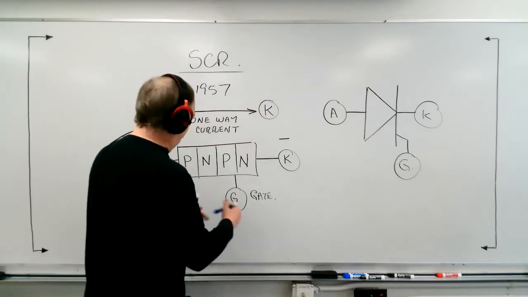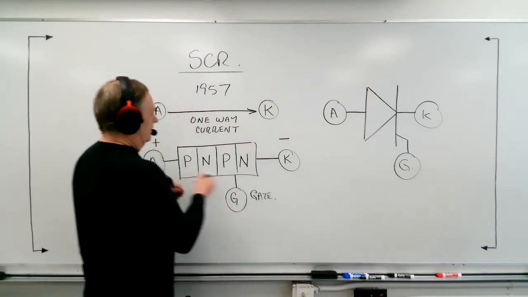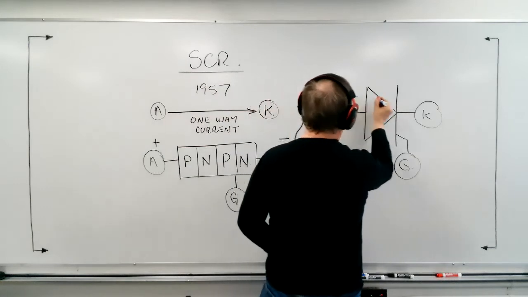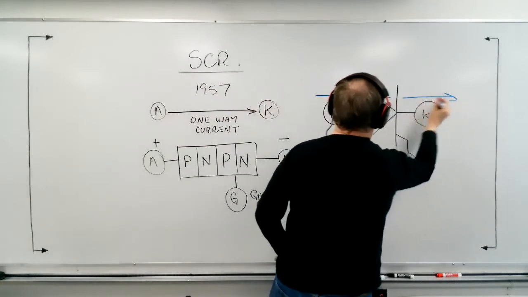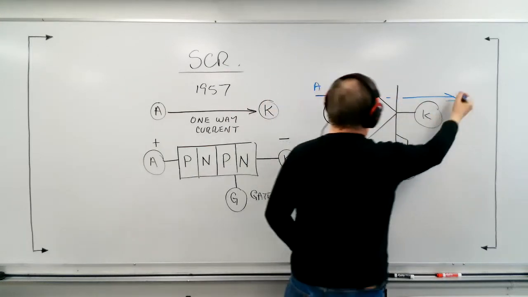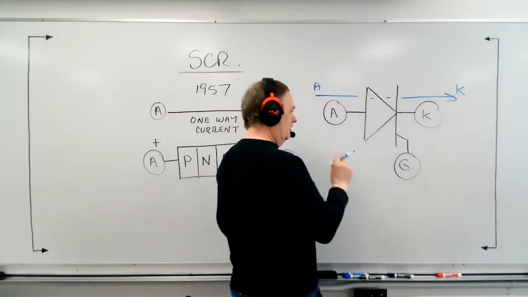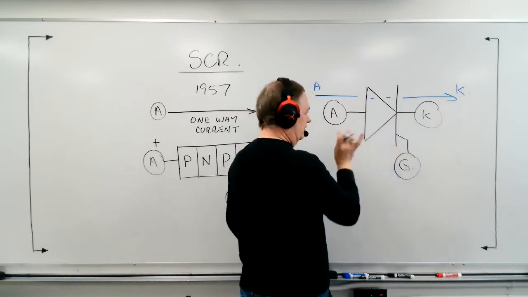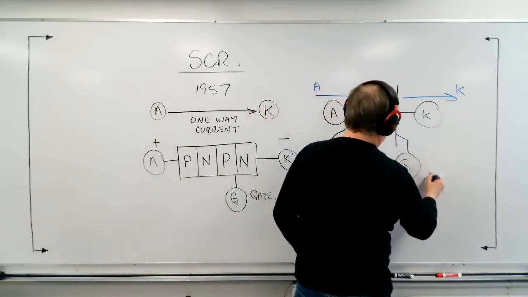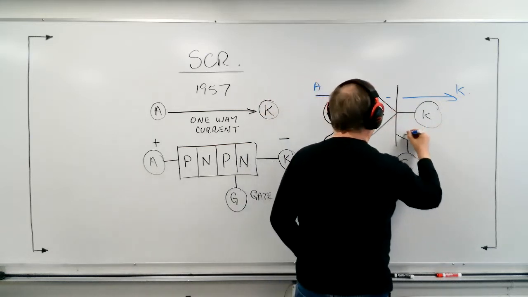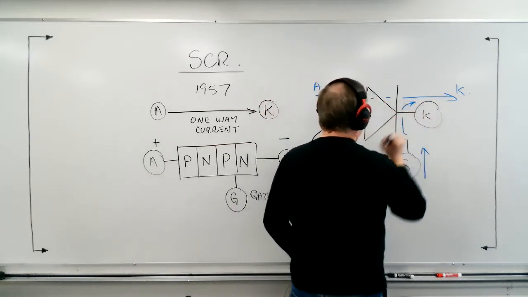And the current paths through this device are like this. Our main load current goes like this, anode to cathode. And when we send a pulse of current in to actually turn it on, that pulse of current has to come in to the gate, and it flows through and goes to the cathode.